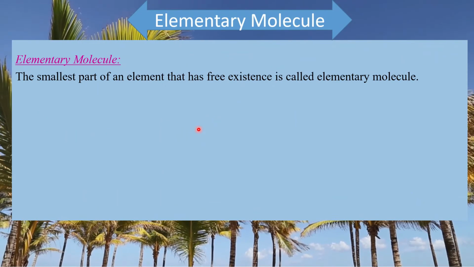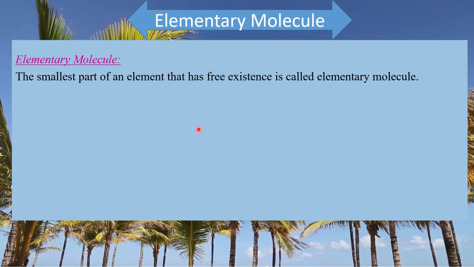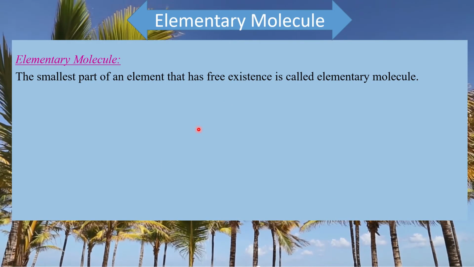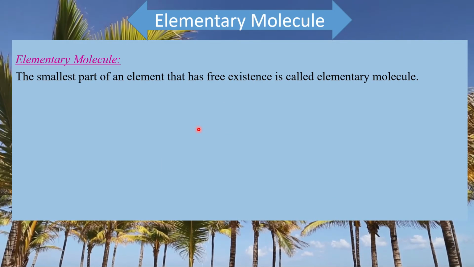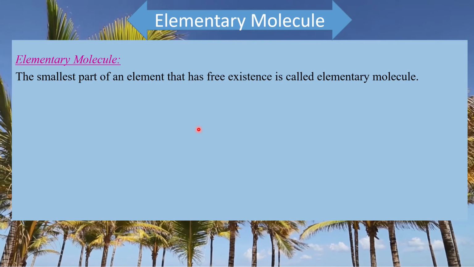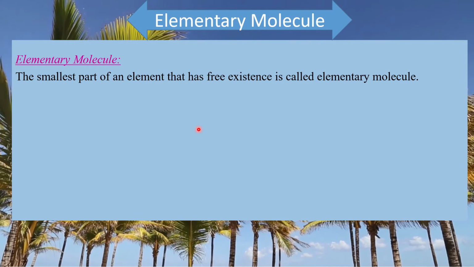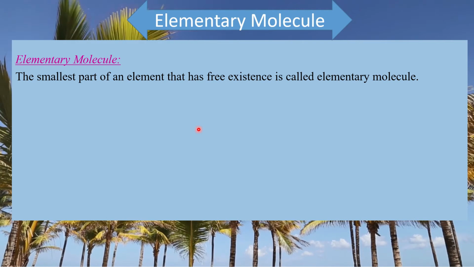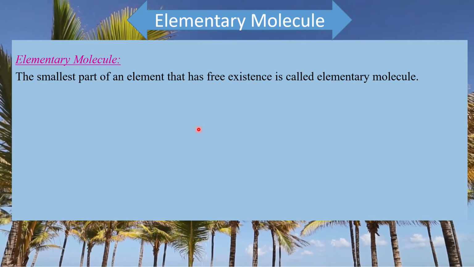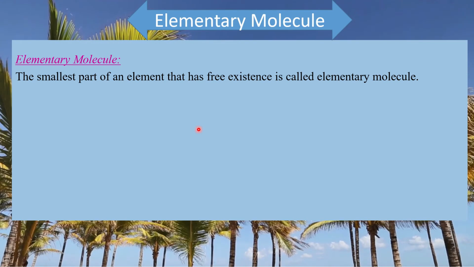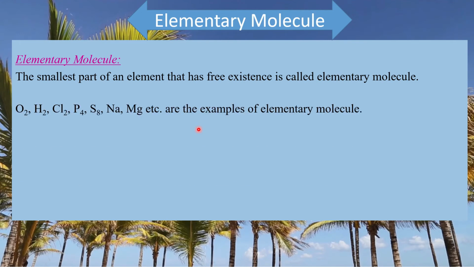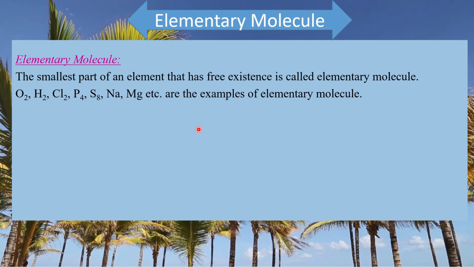So what is an elementary molecule? The smallest part of an element that has free existence is called an elementary molecule. Look, the smallest part of an element or a compound is called a molecule, and the smallest part of an element that has free existence is called an elementary molecule. For example, oxygen O2, hydrogen H2, Cl2.